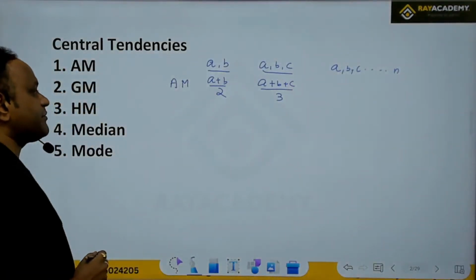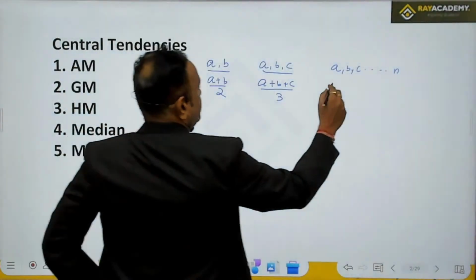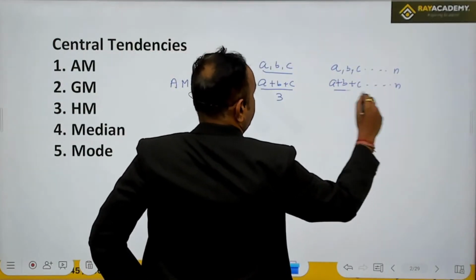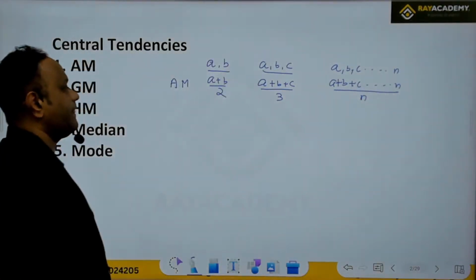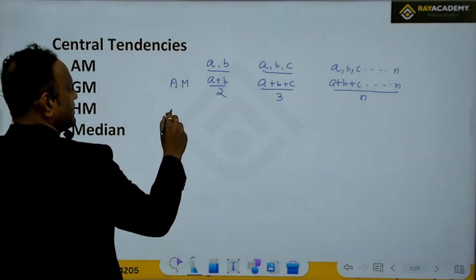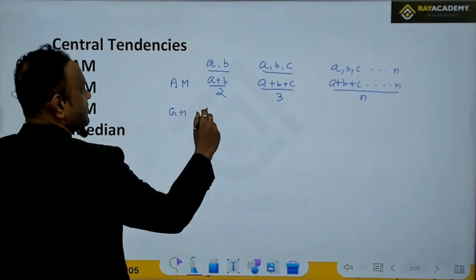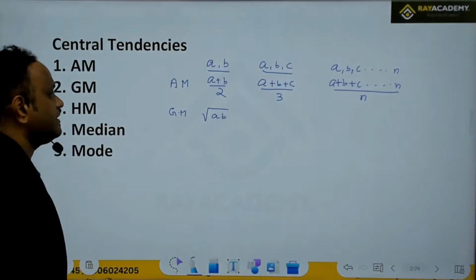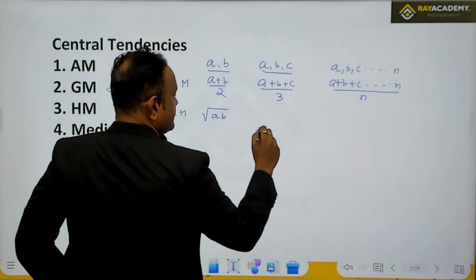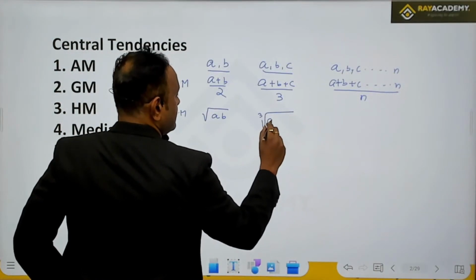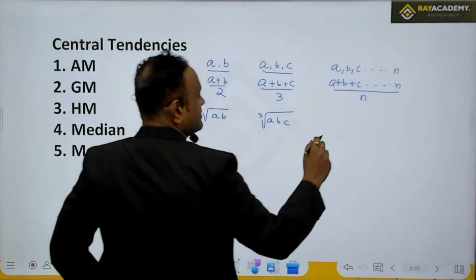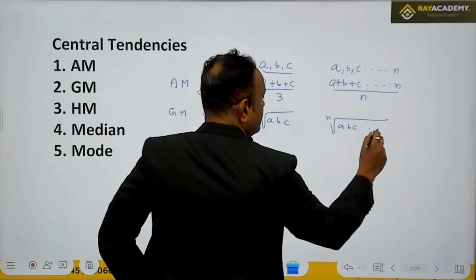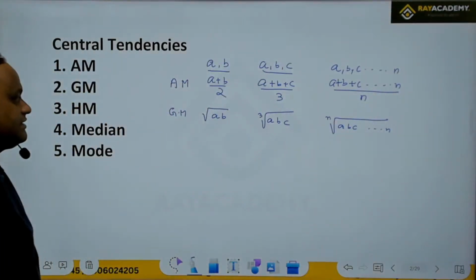And for n numbers, that is the sum of all the numbers divided by n. Similarly, geometric mean will be square root of AB, because two numbers are there. And if there are three numbers, it will be cube root of ABC, the product of all the numbers. And if n numbers are there, this will be the nth root of the product of all the numbers.